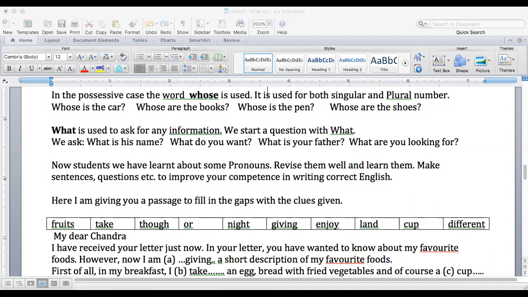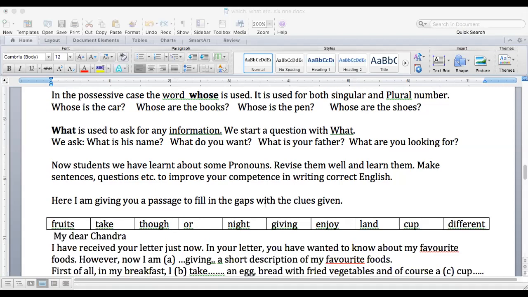So anyway, we are going to just revise this. It's a revision. We just have a few minutes left. We have learned about possessive personal pronouns that were used to answer instead of noun. He, him.